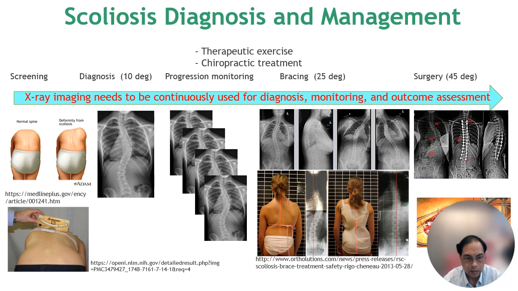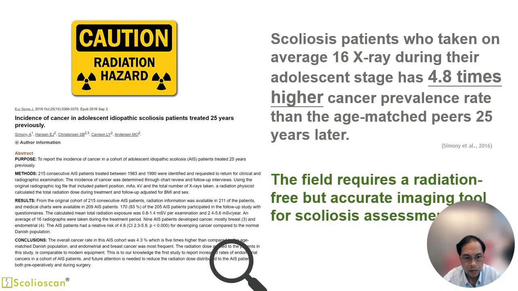Throughout scoliosis diagnosis and management, there are many times that we need X-ray assessment in current clinical practice. Therefore, the accumulated X-ray dose is quite significant for kids with scoliosis during their adolescent stage. Many reports showed that X-ray can have an impact on cancer prevalence.